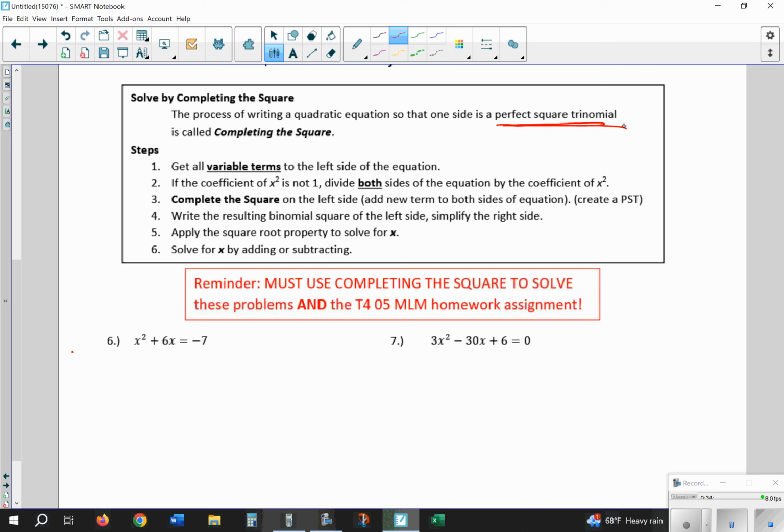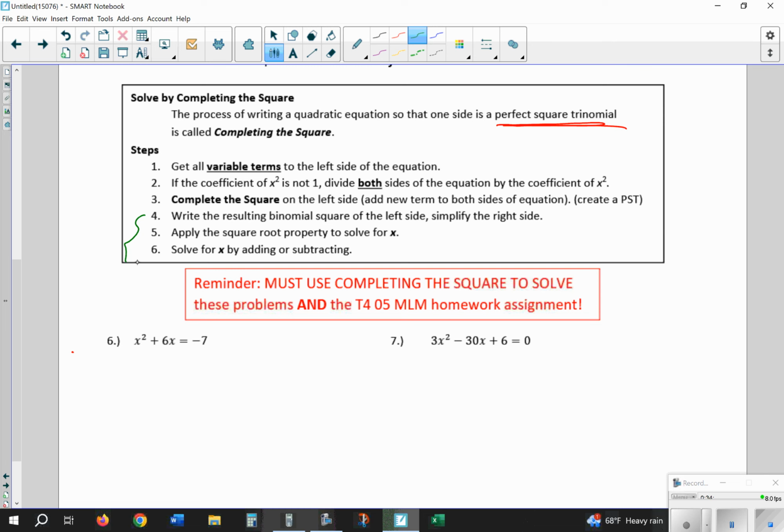So, our process. We do have one extra step compared to just our square root property, but we're going to bring in our square root property questions here. So these steps, 4, 5, and 6, we've already done.